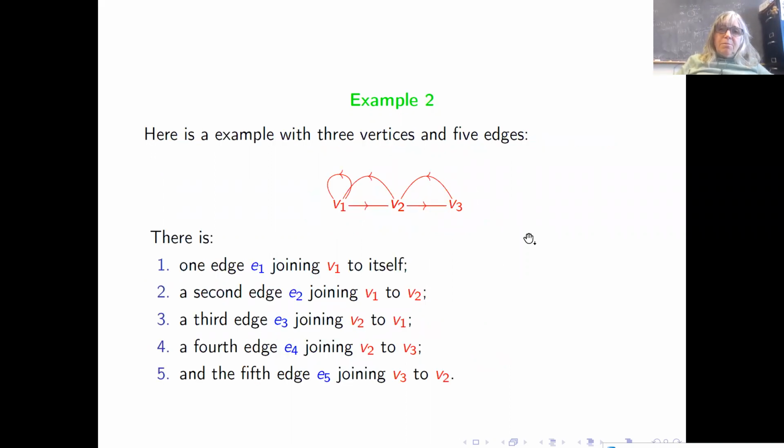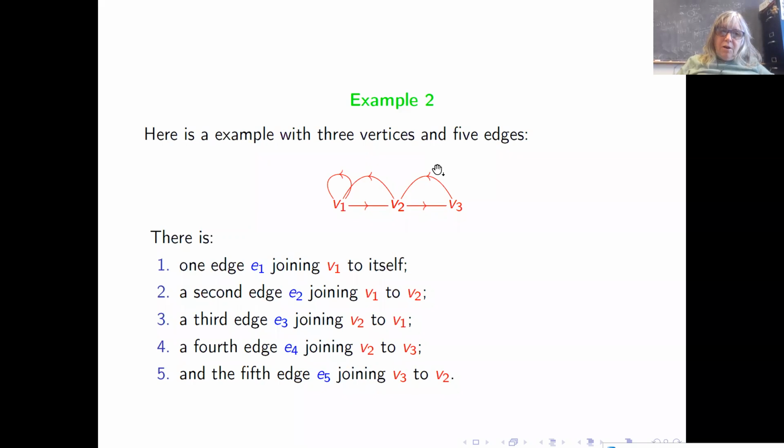Here's another example that has three vertices and five edges. I haven't labeled the edges, but here are the vertices, v1, v2, v3. And e1 is a loop joining v1 to itself. e2 is the edge that joins v1 to v2. e3 joins v2 back to v1. e4 joins v2 to v3.